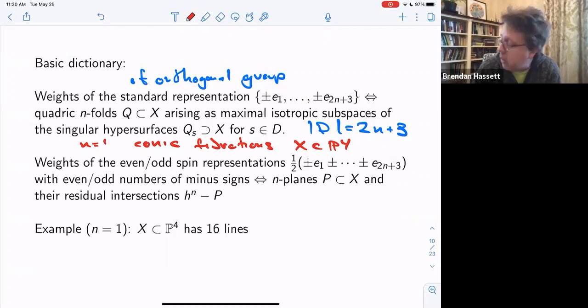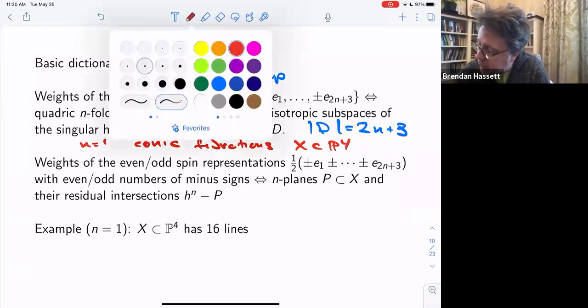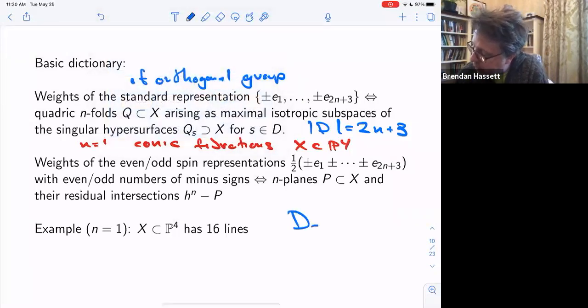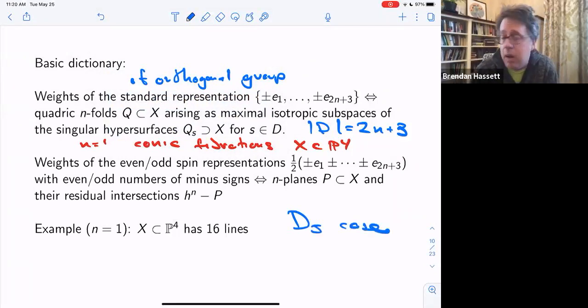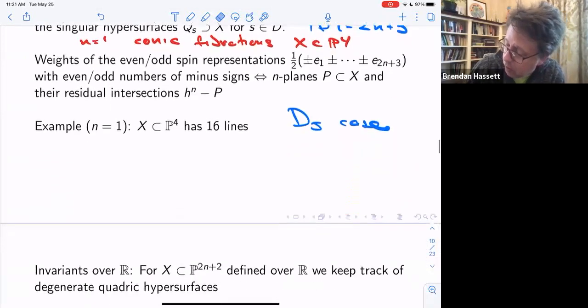For example, in the D5 case, the spin representation, we get 16 lines, which correspond to the weights of one of these spin representations. I want to draw out this connection to help clarify what the natural, indigenous symmetries are that are associated with these varieties and their cohomology.